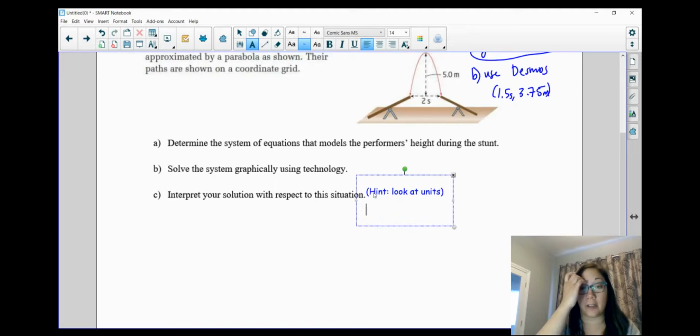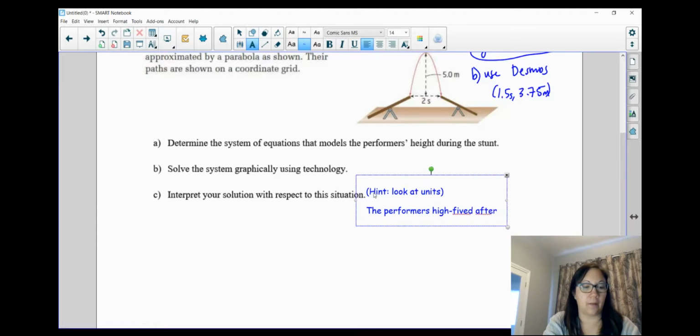That's another reason why it was good that we put our units on our answer there. So we can write a sentence, the performers high-fived after 1.5 seconds at a height of 3.75 meters.